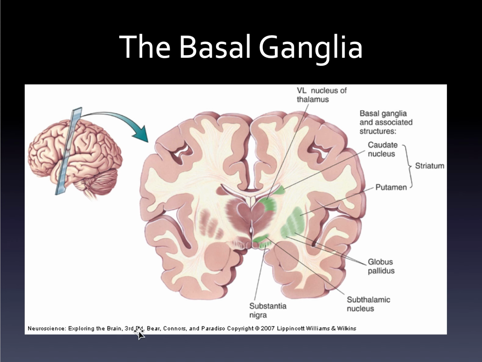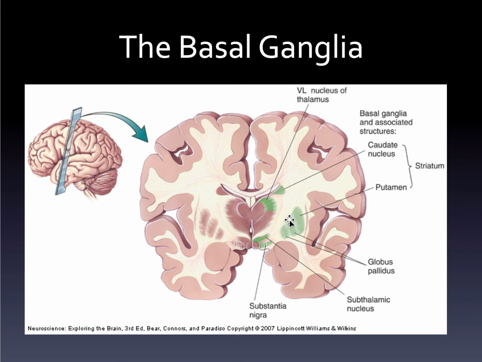So here we can see a region, the basal ganglia, called the striatum because of its striped appearance. This consists of the caudate nucleus and the putamen. All right, and then we can see the globus pallidus, which has two segments, an external and an internal.